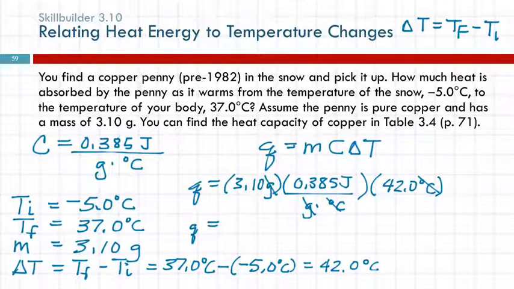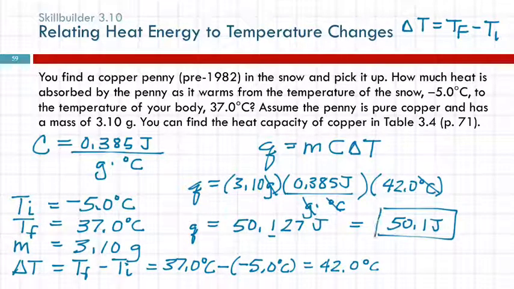Everything in there has 3. This temperature only had 2, but because we were adding and subtracting, the number of sig figs changed, and that's okay. So 50.127, the unit is joules, and so that rounds to 50.1 joules of heat. Any questions?